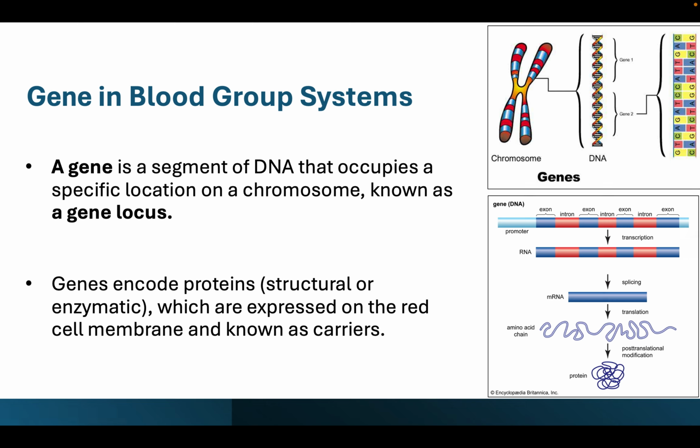So if I need the protein, there is a copying process, a transcription, which converts part of the DNA to RNA. The RNA consists of the intron and exon. By the splicing process, I get only the exon, and we call it messenger RNA.